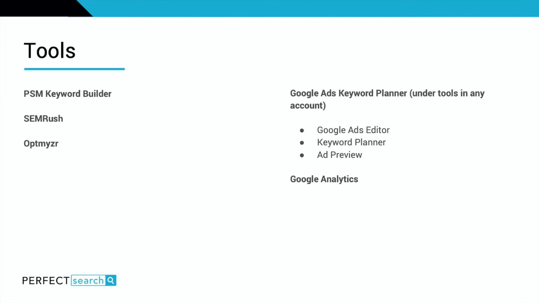And then the last, of course, being Google Analytics. Google Analytics has a lot of data on organic keywords, which can be very helpful when building out paid campaigns. So you can see what keywords are triggering the organic listing of your client's site, and then how well those are performing.